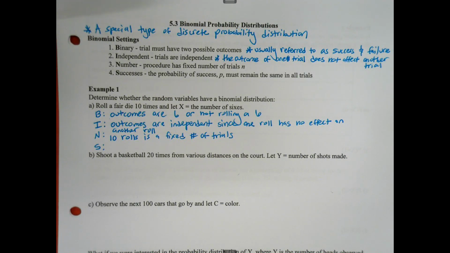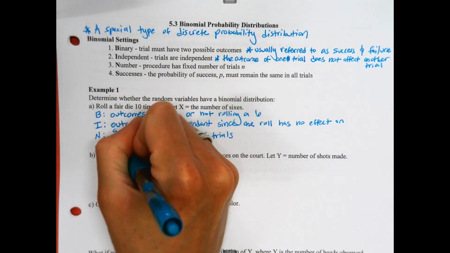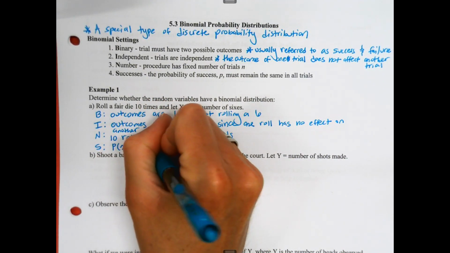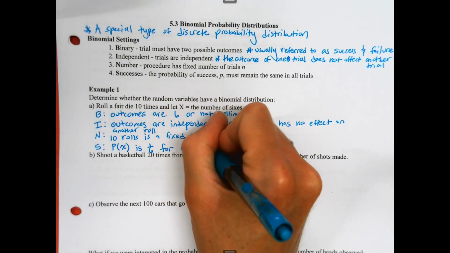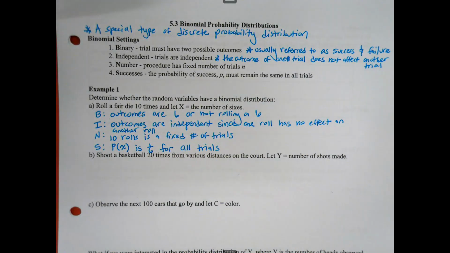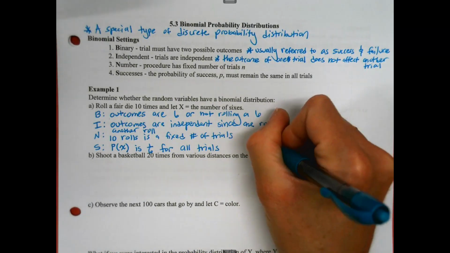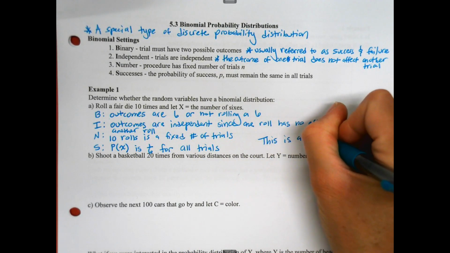The probability of rolling a 6 is always going to be 1 out of 6. So the probability of success is 1 out of 6 for all trials. Since this fulfills all 4 requirements for a binomial setting, we can say that this is a binomial distribution.